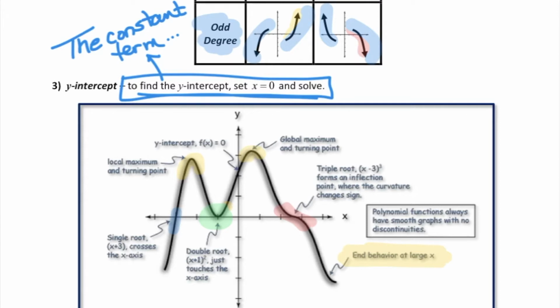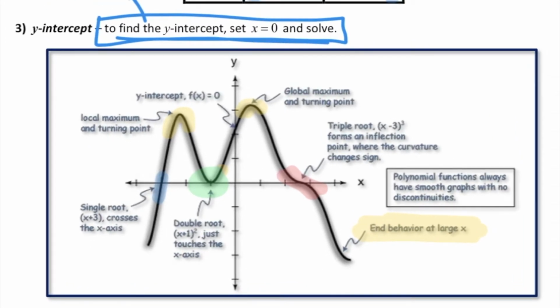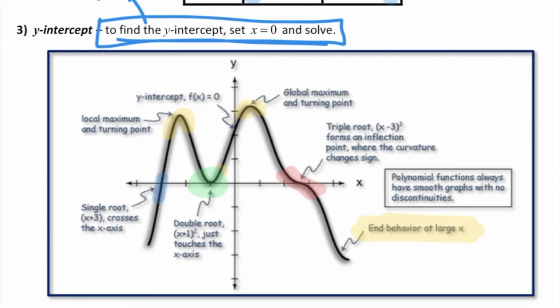And so that graph is just going to keep going down forever. So take a minute if you want, pause the video and just take a look at this example and make sure that all those things that it says here make sense to you and that they kind of correlate with what you've already learned about polynomial functions.